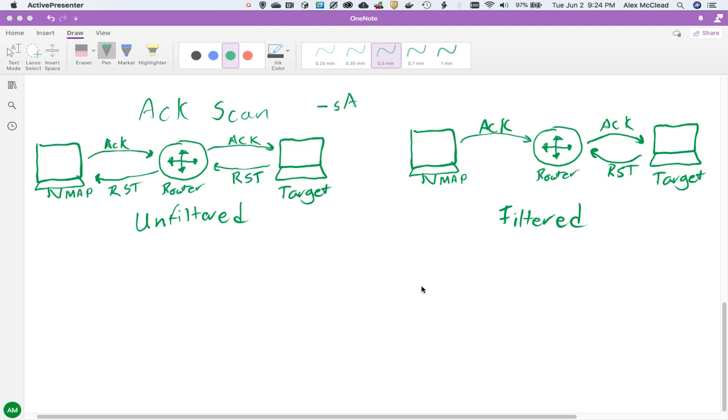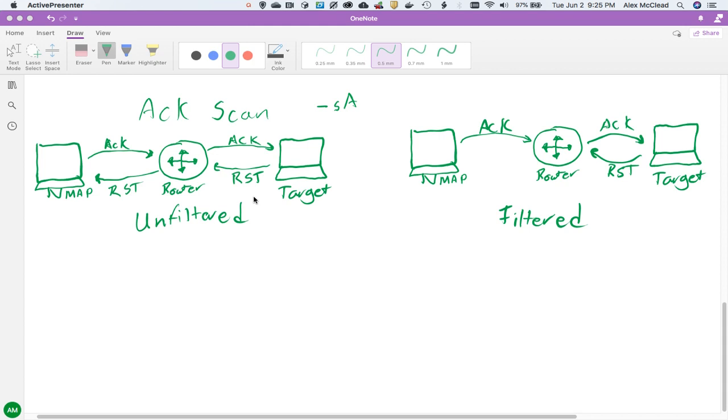So if we know that going in, and we know there's a host on the other side, if we send this ACK packet and we get a reset back, we know there isn't a router filtering our responses from the target. Like we can see here, if I send an ACK and the router passes that on to the target, the target will respond with a reset. If the router drops it, the scan is considered filtered, and if it keeps it and continues to pass it along, it's considered unfiltered. ACK scans are useful for this purpose.